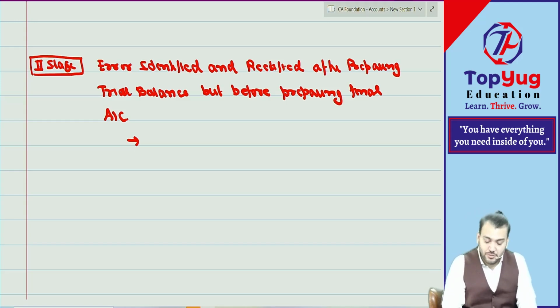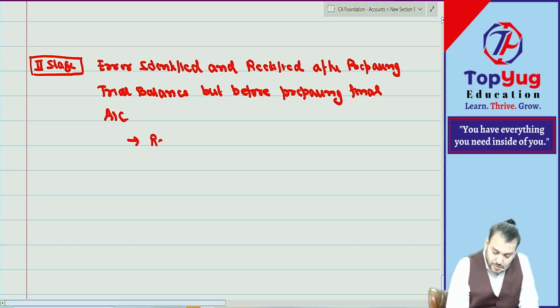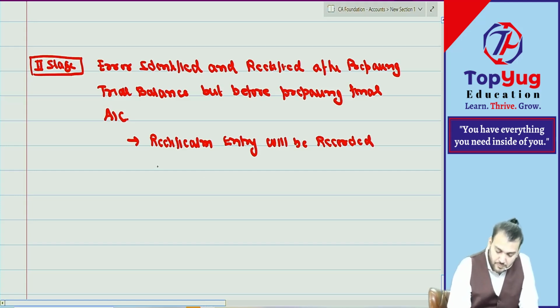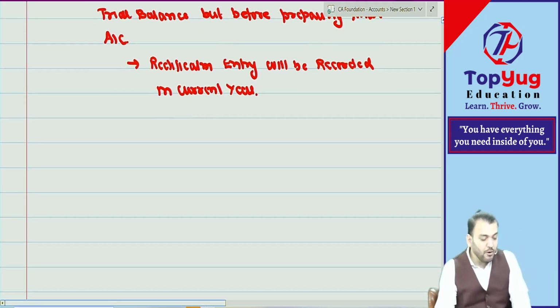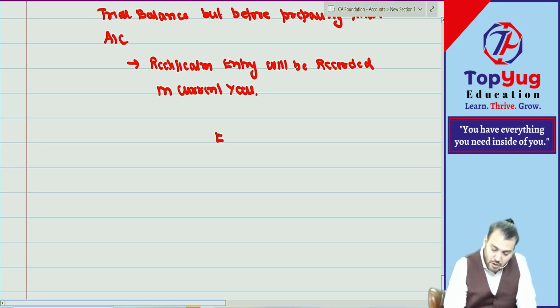Correct? Understood? It means the rectification entry will be recorded in the current year only. Now how to rectify?